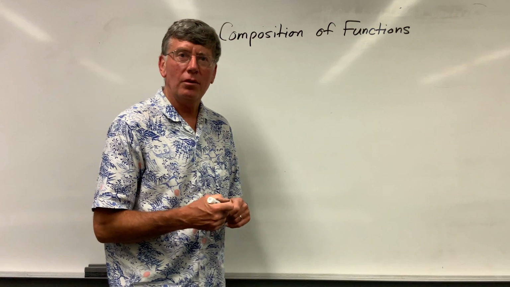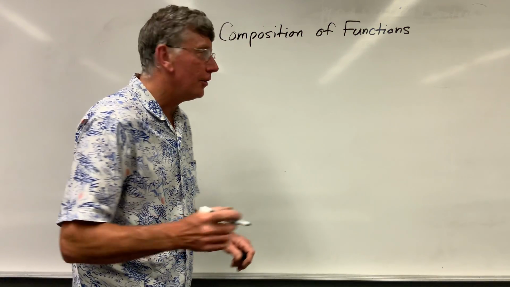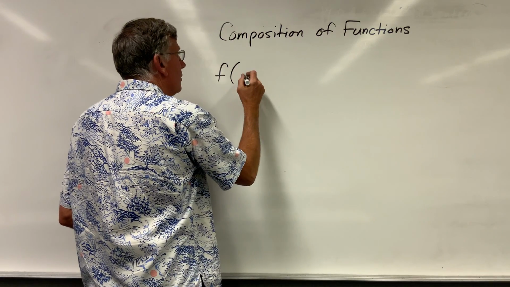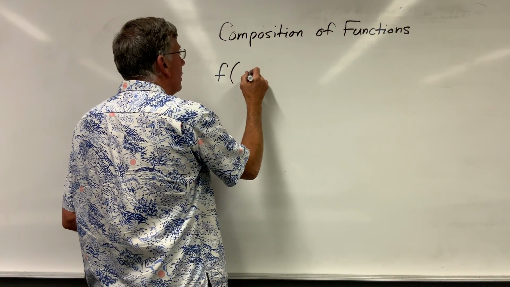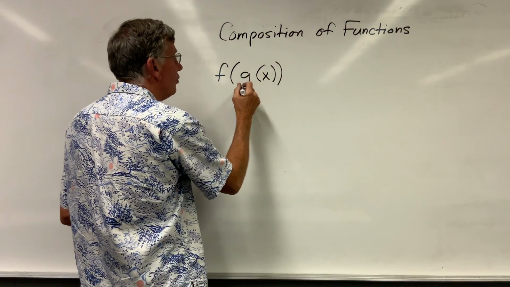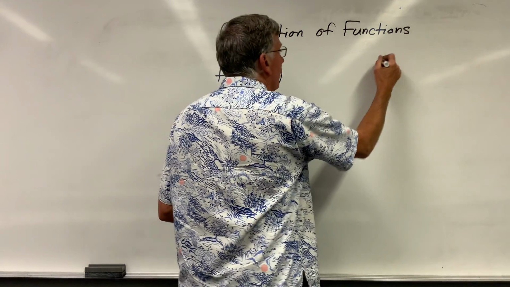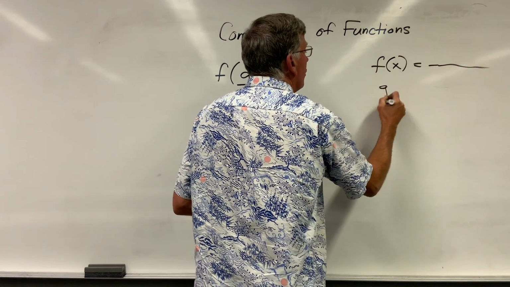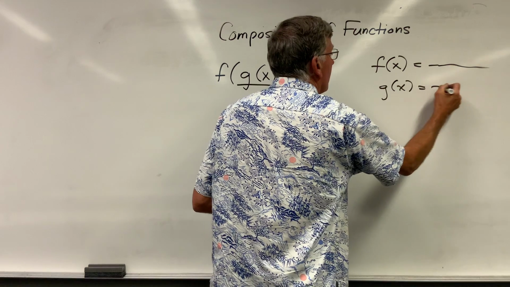Let me give you, not an example, but I'm going to tell you what this is. When I talk about a composition of functions, I'm talking about doing this sort of thing, where we've got f of x over here equal to some function. And we have g of x equal to some function.